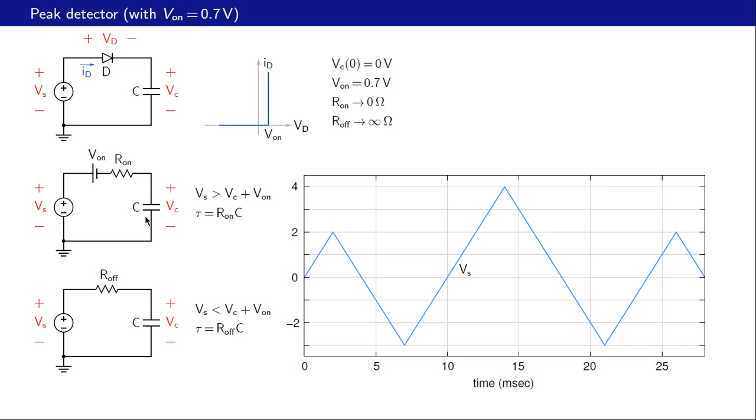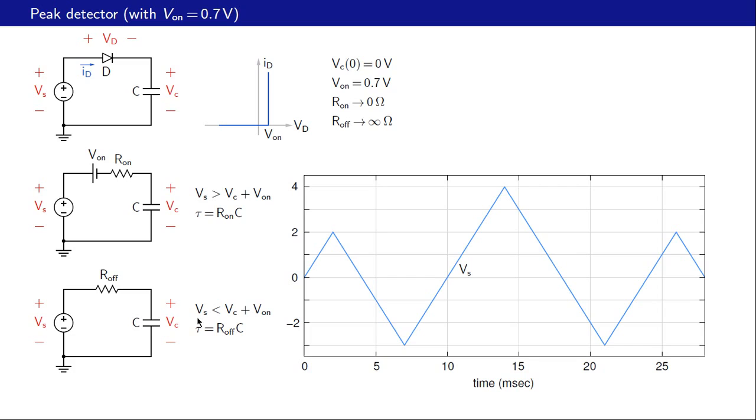And as seen from the capacitor, the Thevenin resistance is R on, and therefore the time constant is R on times C. And as we have seen before, this is a very small time because R on is a very small resistance, ideally 0.